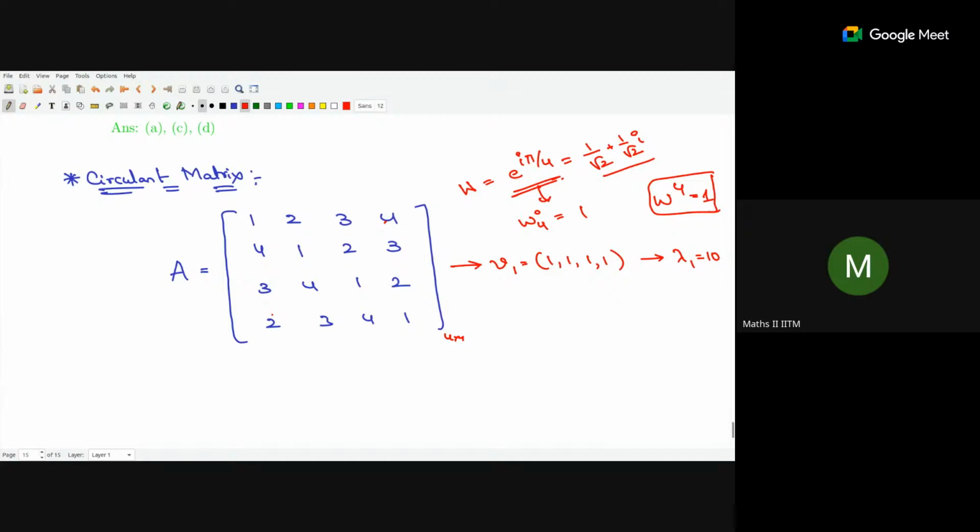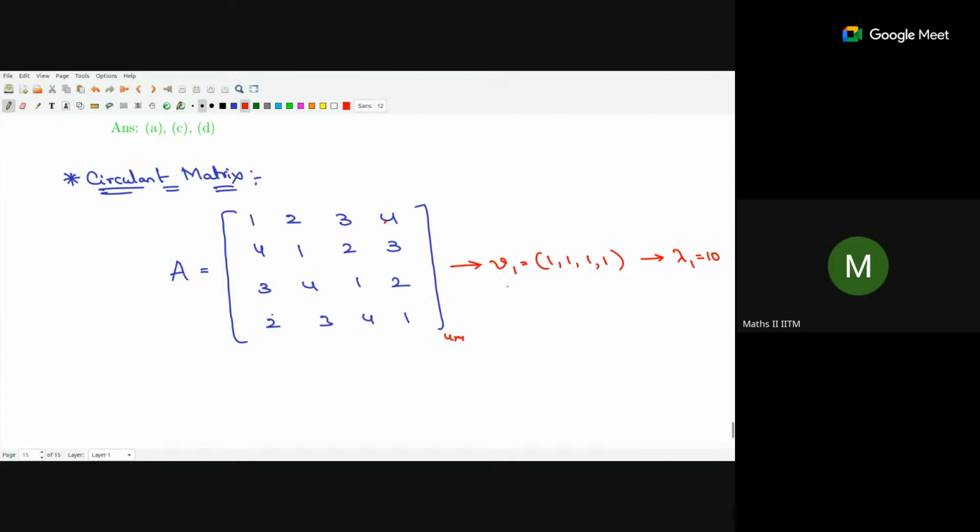Am I correct? I'm not sure, it's e power i 2 pi by 4, 2 pi by 4. Fourth root of unity will have 1, i, minus 1. Okay, let me restart this again.